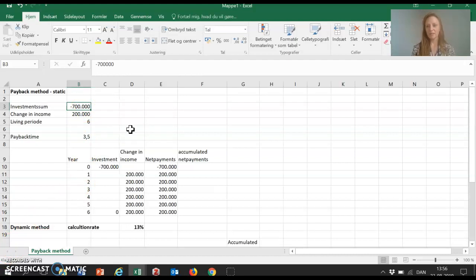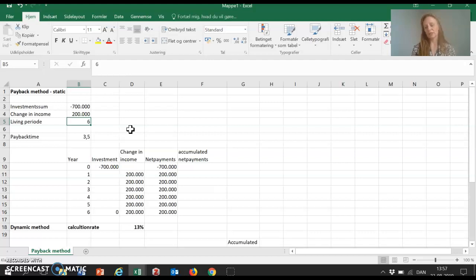Now currency doesn't matter yet, so it could be kroner, could be euros, never mind. And the change in our income that we expect to receive because of this investment should be 200,000 a year per annum. We have set the technical lifetime of this machine to be 6 years.